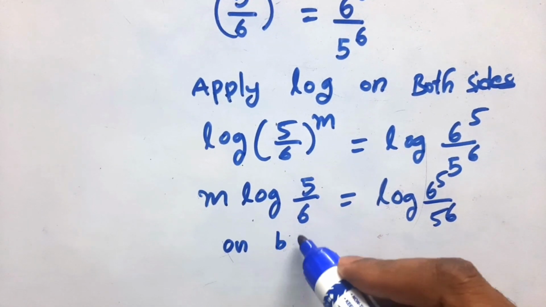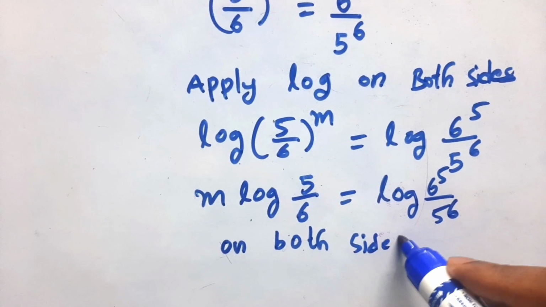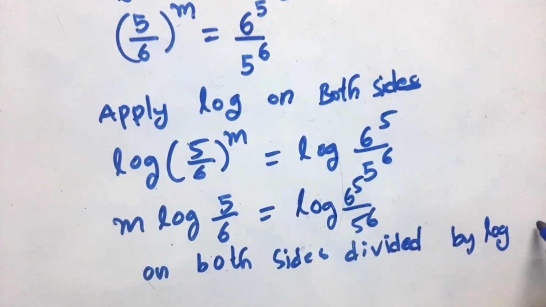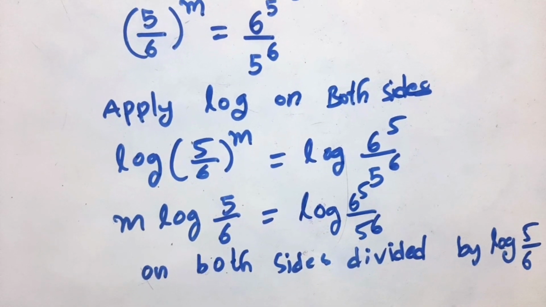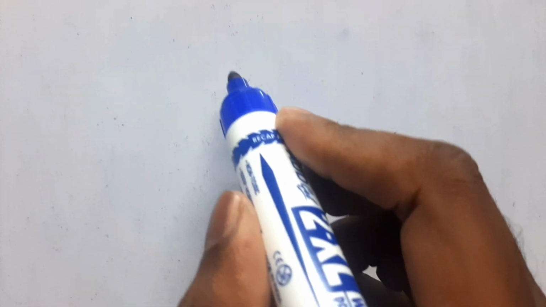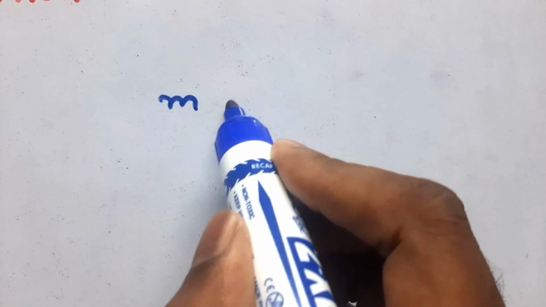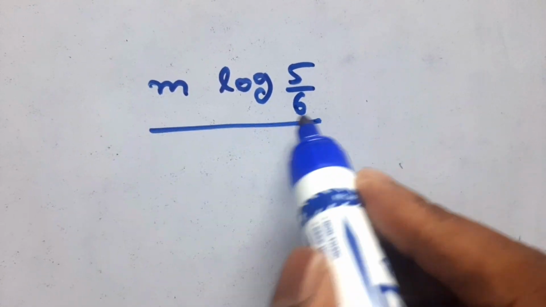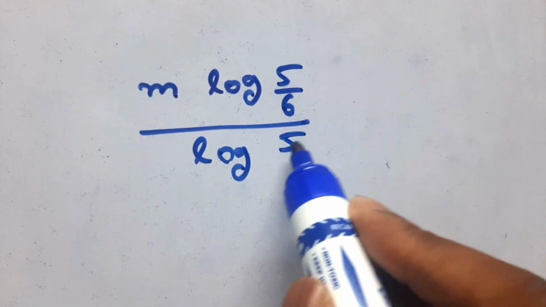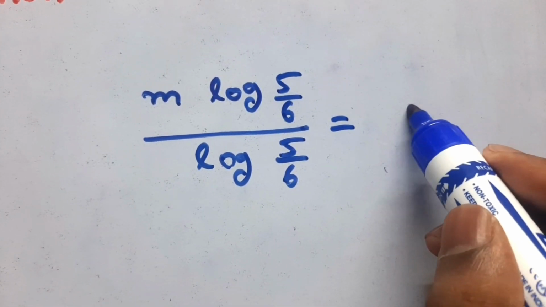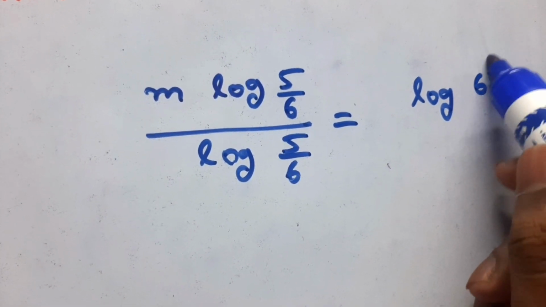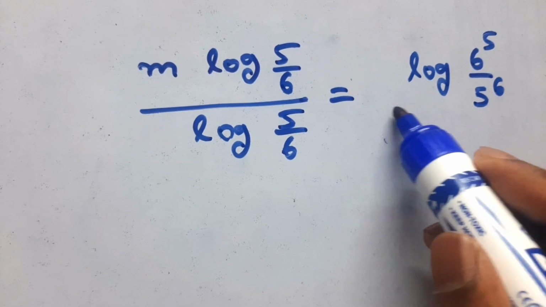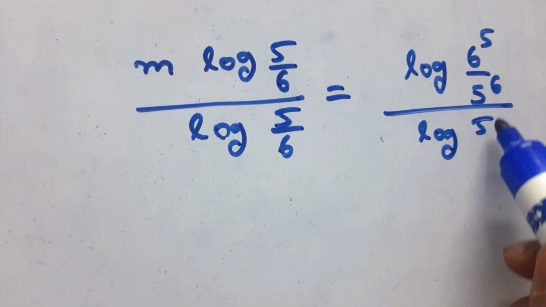On both sides divided by log 5 by 6. After this one, m log 5 by 6 divided by log 5 by 6 is equal to log 6 to the power 5 divided by 5 to the power 6 divided by log 5 by 6.